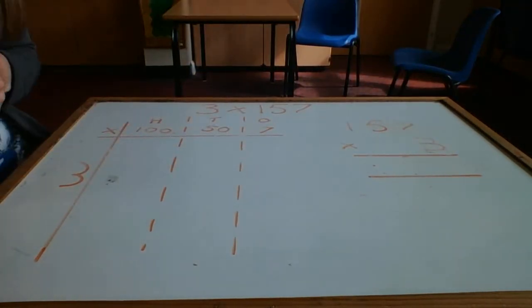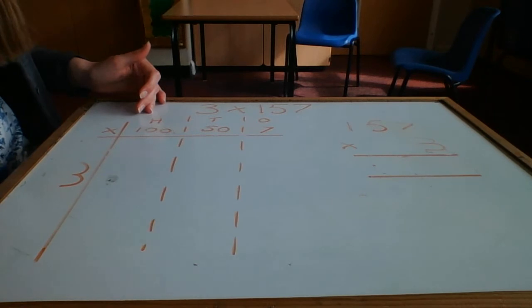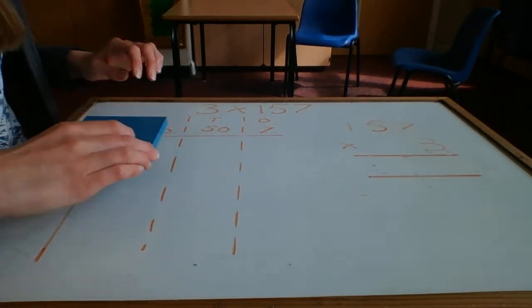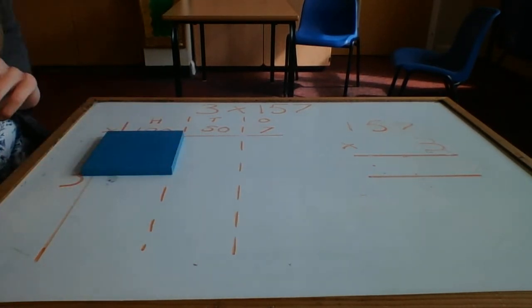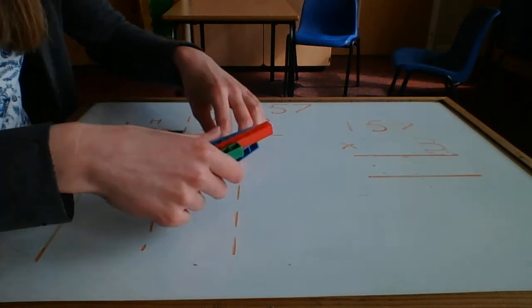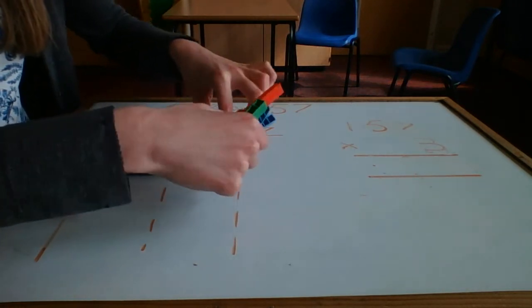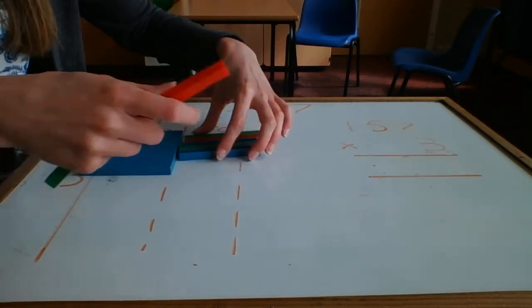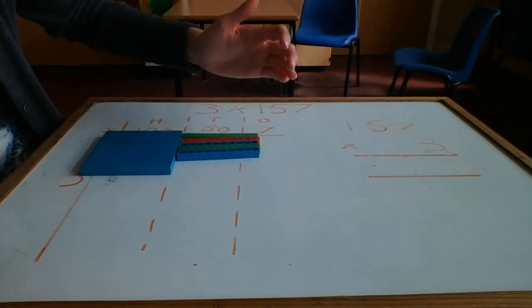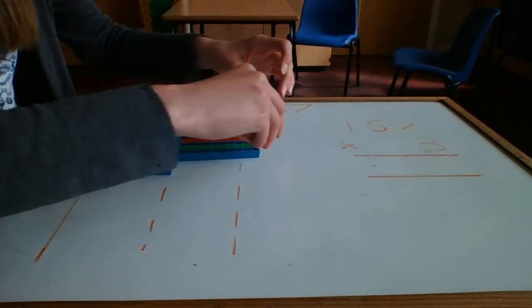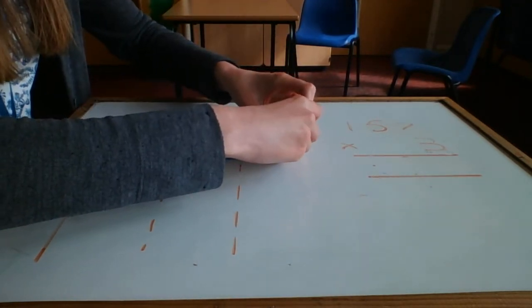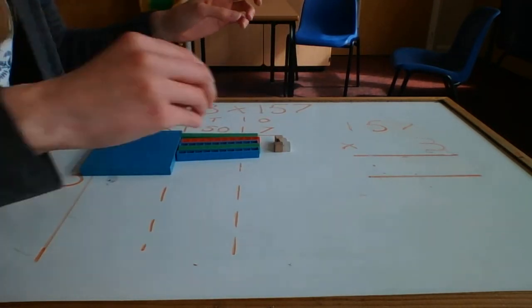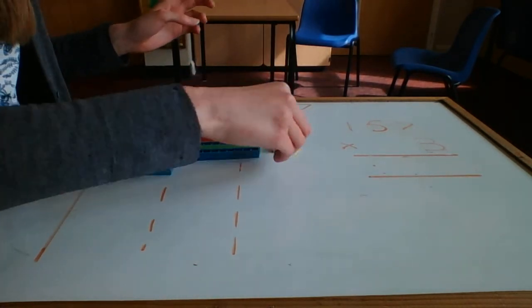So let's have a look at making that. To start off with, I have got 100, 5 tens, and 7 ones.